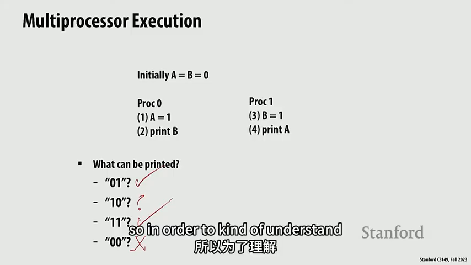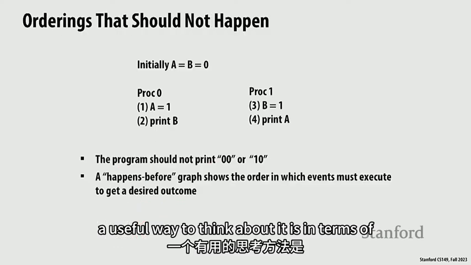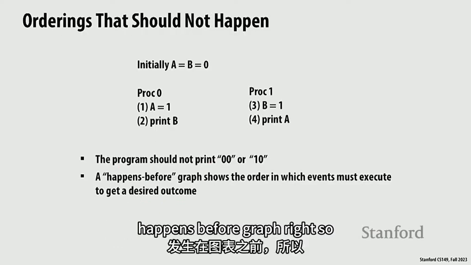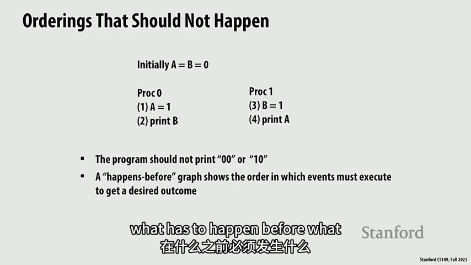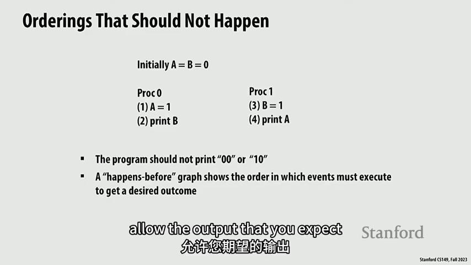All right, so in order to understand what could be printed, a useful way to think about it is in terms of a happens-before graph, right? So what has to happen before what in order to allow the output that you expect?